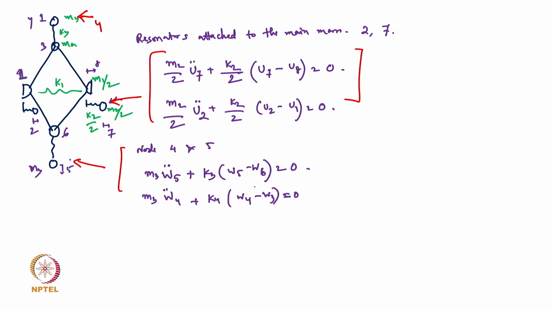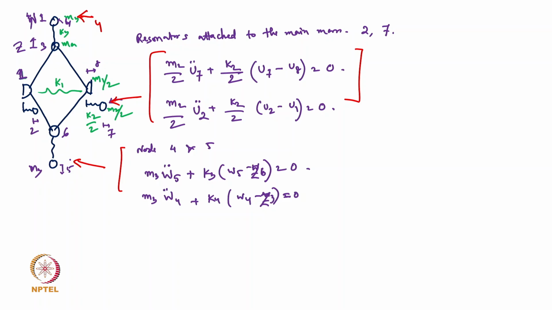Or that's W or Z, whatever. So maybe we can write it Z, actually. Z6 and Z3, so these are Z. The displacements are Z. And this node was 4, and this displacement is W4, actually. Okay, so this way we can get that.